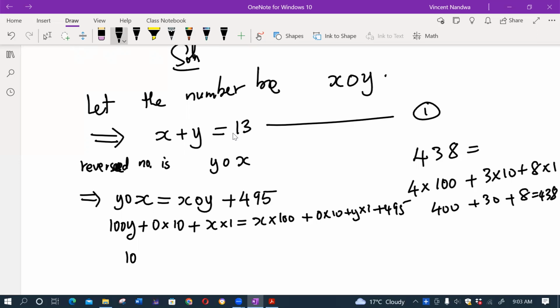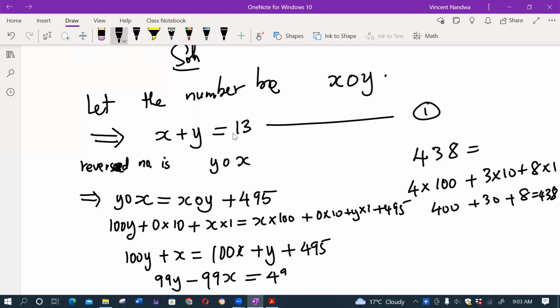So it will be 100y plus 0 times 10 is just 0, so plus x equals 100x plus y plus 495. When you take all the variables to the left, we'll have 99y minus 99x equals 495. Call it equation 2.